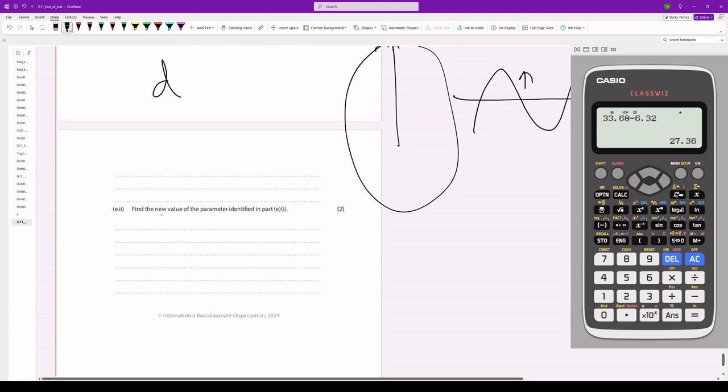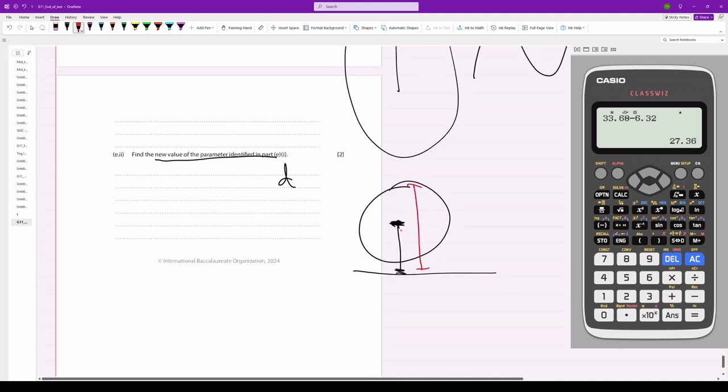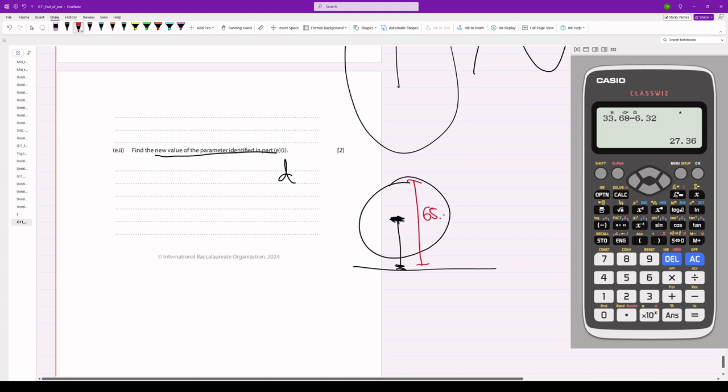To find the new value of the parameter, well, remember, D was the distance from the bottom to the middle of my wheel. If I now know that I've got a maximum height of 65.2 meters, then to find that bit, I just need to divide it by 2. 65.2 divided by 2.